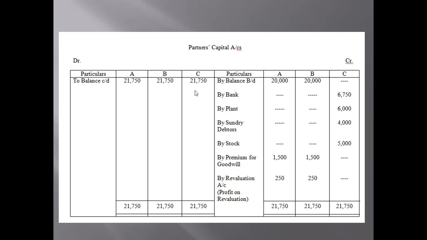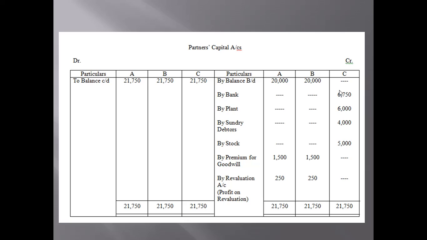So by bank, I have written this amount here, 6,750. Don't do it right now. Don't just write it now. Just leave it blank, just like we did in question number 46. Write down by bank and leave the amount blank.